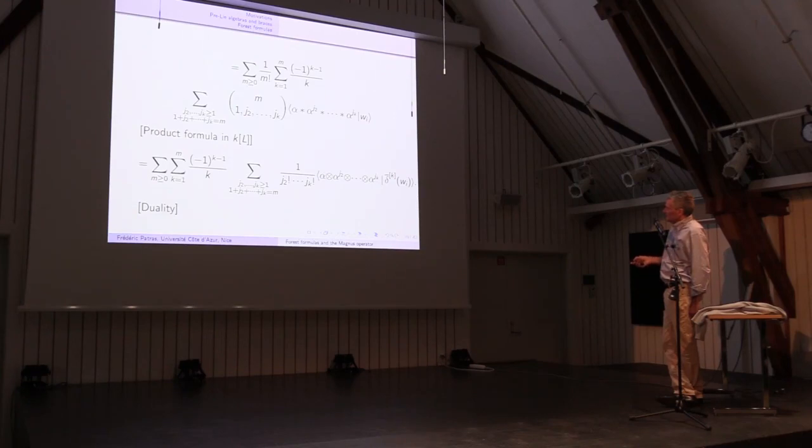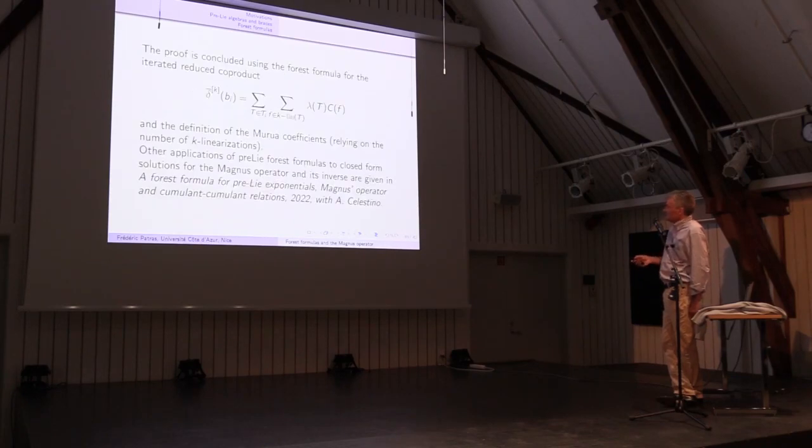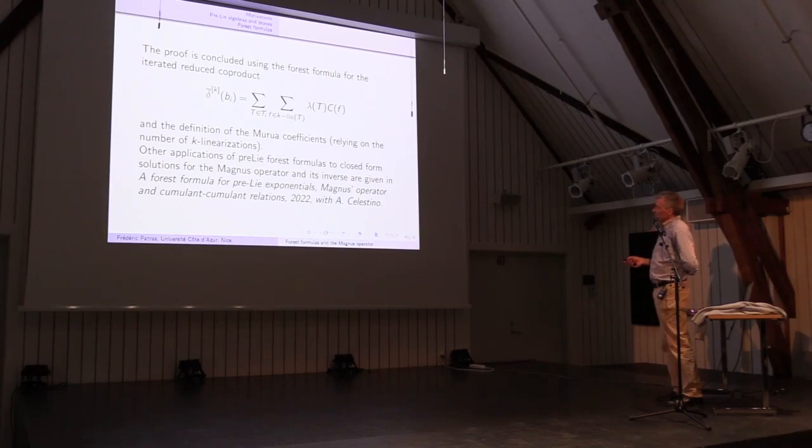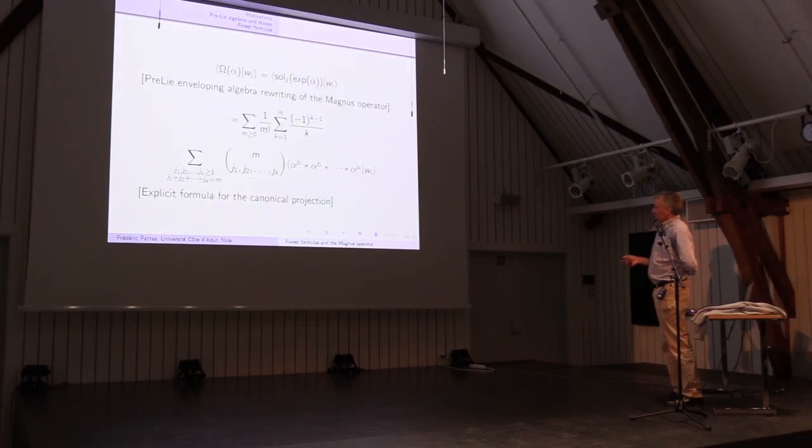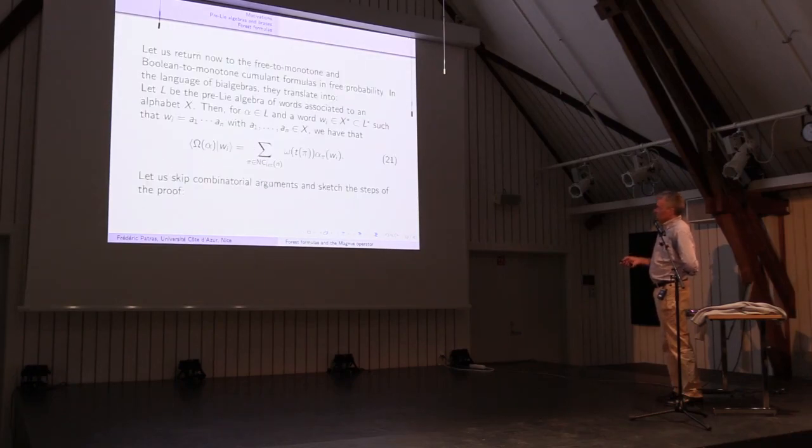Now if I use duality, I rewrite this pairing using the iterated coproduct acting on the term omega I. And if I use the fact that I can interpret the iterated reduced coproduct acting on the dual in terms of trees and linearization of trees, up to the introduction of certain coefficients, then I'm able to connect all these things and recover the fact that the Murua coefficients have to appear in the computation of my terms omega alpha paired with omega I in all possible ways.